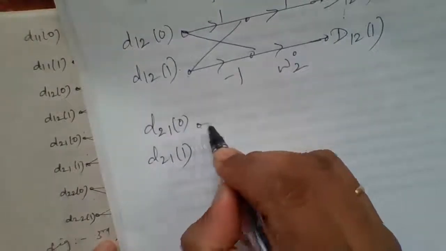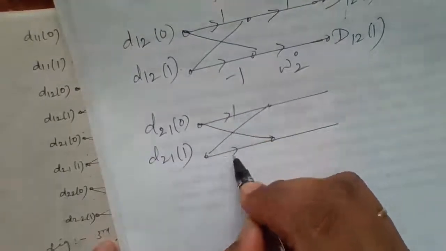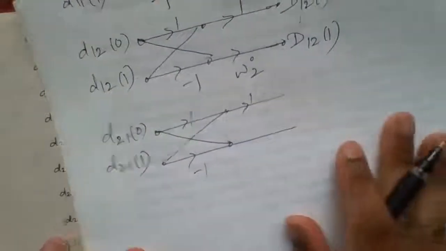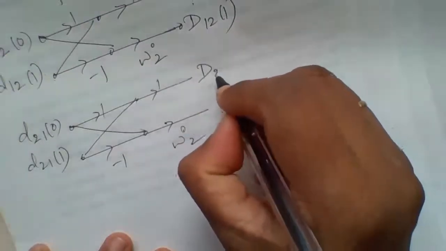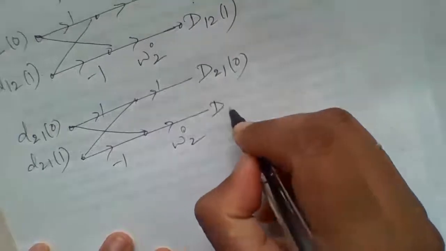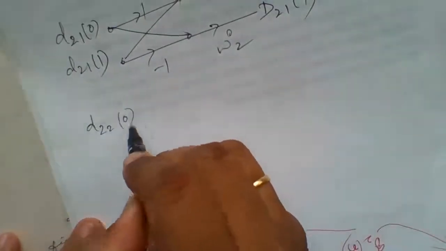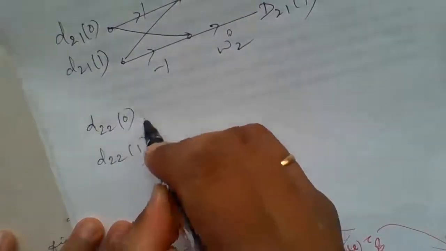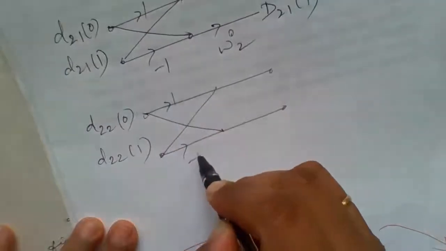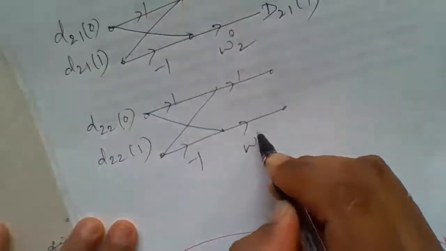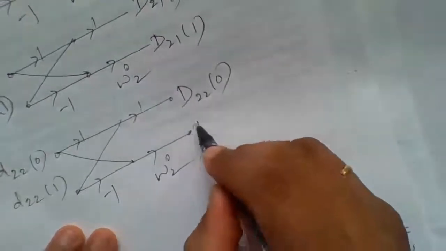Again addition, 1 minus 1, same Twiddle factors, 1 and w raised to 0 2. But now the DFT generated will be D21 of 0 and D21 of 1. Similarly the last part, d22 of 0, d22 of 1. When we do 1 minus 1, 1 and w raised to 0 2, I am going to get D22 of 0 and D22 of 1.